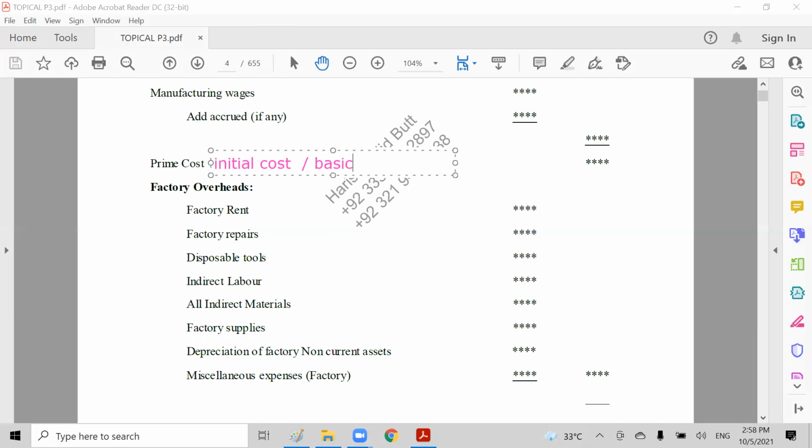Accruals includes prepayments also. Accrued means only accrual, which is not yet paid. Accruals includes which is not yet received also. Both names can be used for both things. Prime cost is known as initial cost or basic cost also.